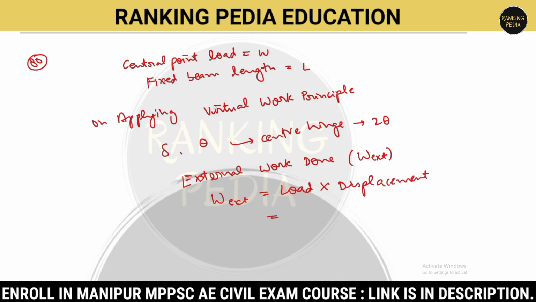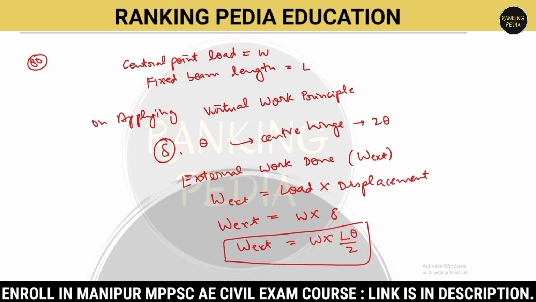Load W into displacement, which we have denoted by delta. This is your external work done. Since your displacement is L by 2 theta, external work done will be W into L theta by 2.